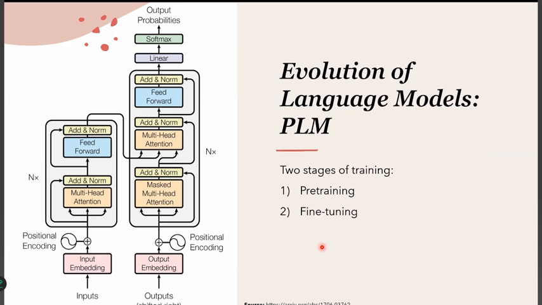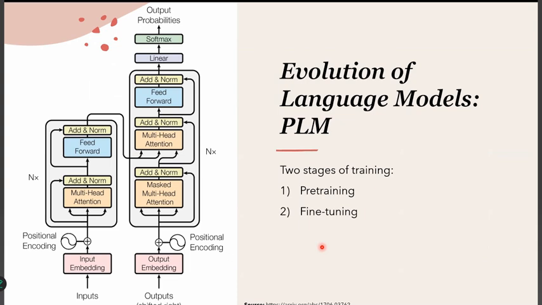With the data, we train the model for the task, and then the model is available and we can use it for inference. From this point, people decided that instead of a single round of training, we can do a two-stage training. The first is self-supervised pretraining, followed by knowledge transfer in the fine-tuning phase.